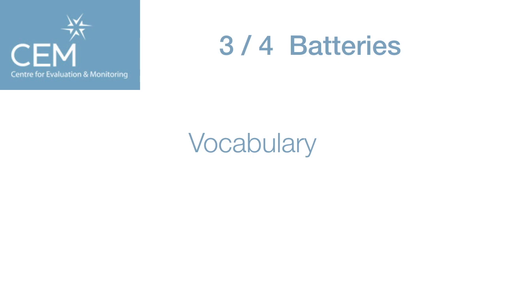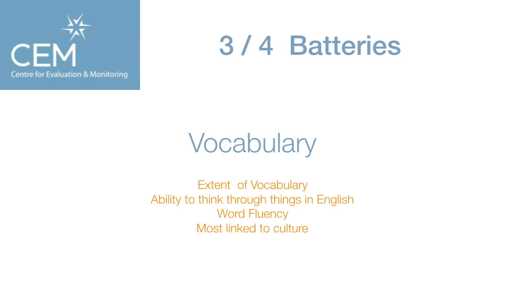So when children take the CEM test, they look at vocabulary. And the tests on the vocabulary basically explore the extent of their vocabulary in English, their ability to think through things in English, their word fluency in English.